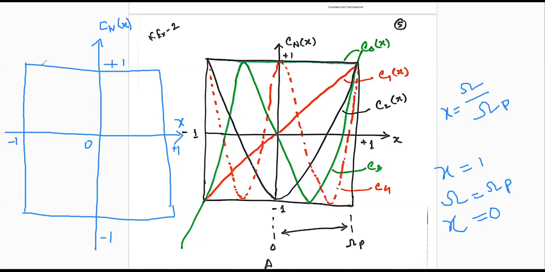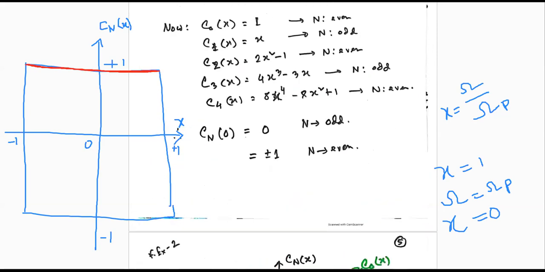So now, C0, what is C0? C0 is equal to 1. That means order 0, it will be 1. If C1, first order, what is the value? x.